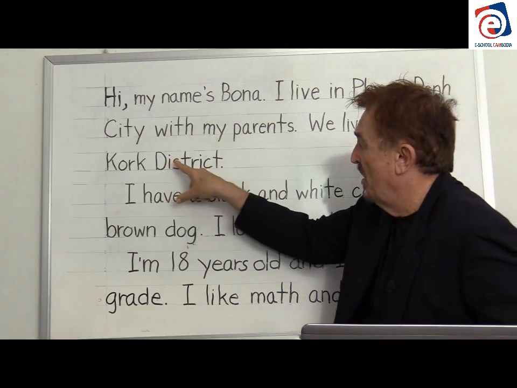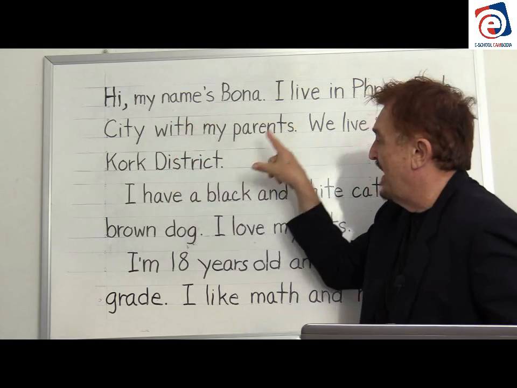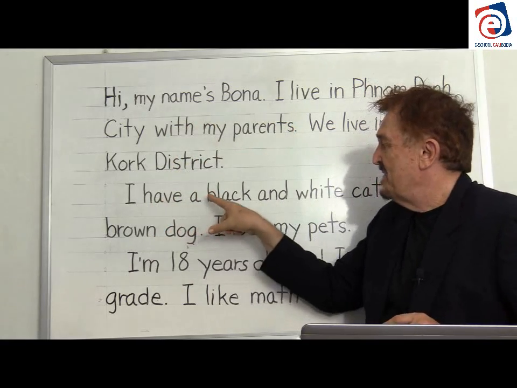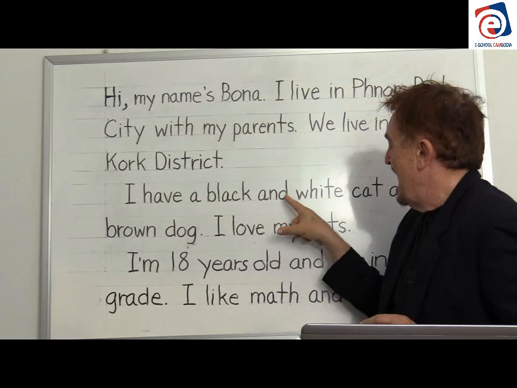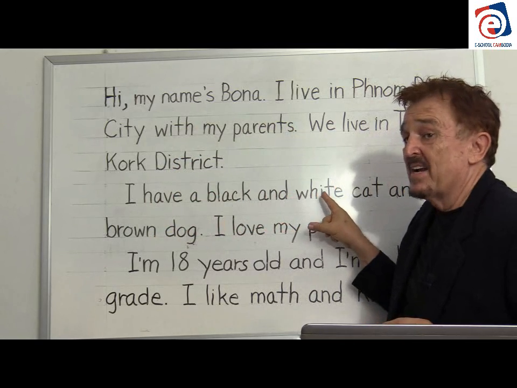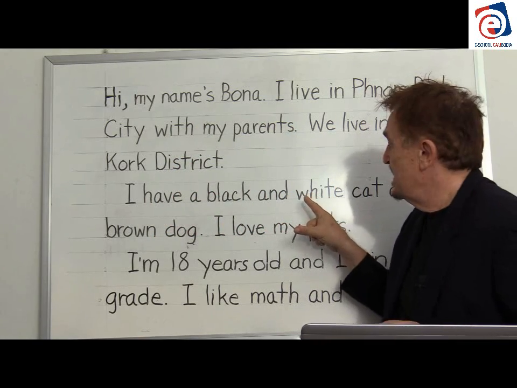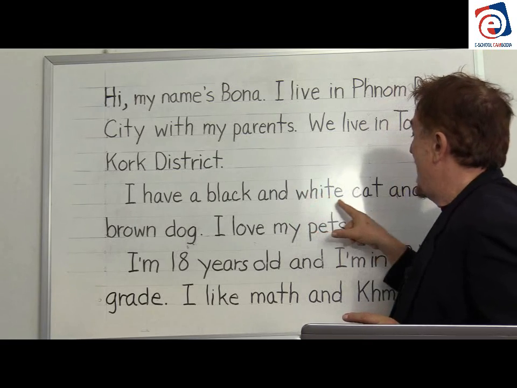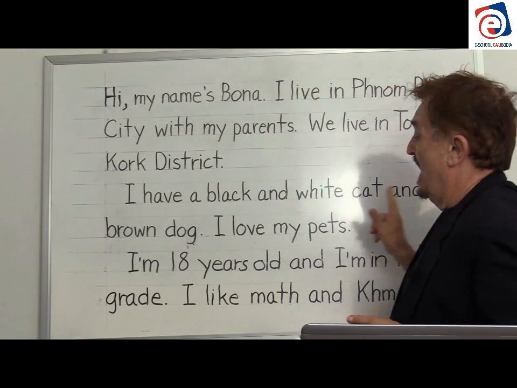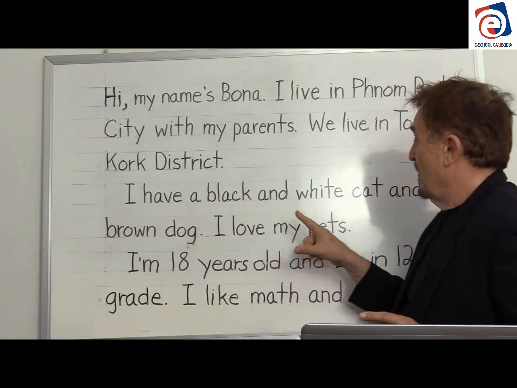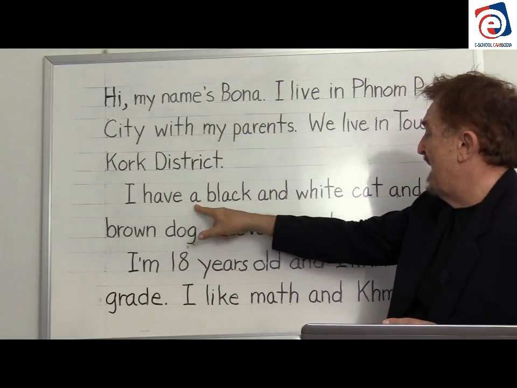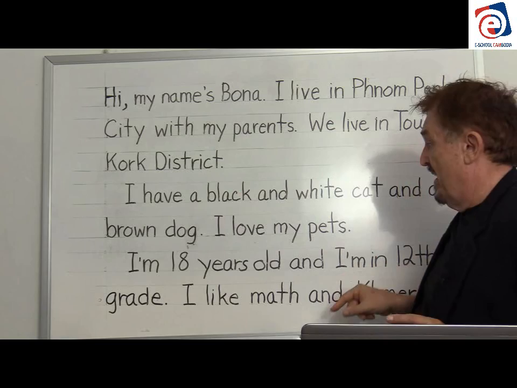So all of the small letters are the same size. "I have a black and white cat and a brown dog." Don't forget the articles, a black and white, a brown dog.